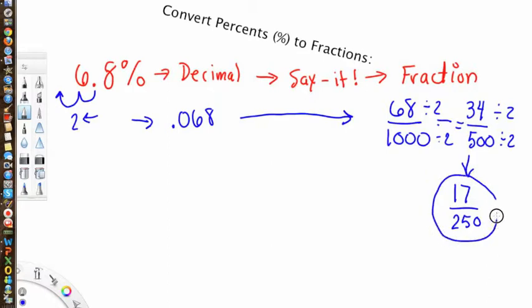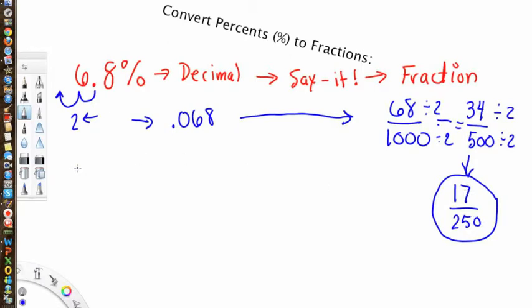And I do believe that that is my final answer because 17 is a prime number and 17 is not a factor of 250. So there you have it. Let's go back to the original number. 6 8/10% is the same thing as 68 thousandths. And 68 thousandths is a fraction that can be reduced to 17 250ths.